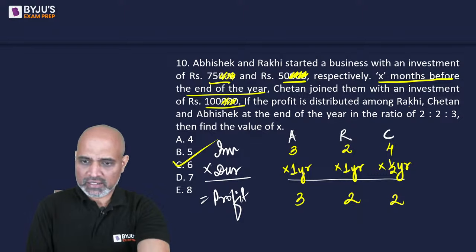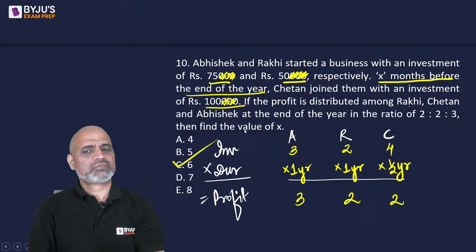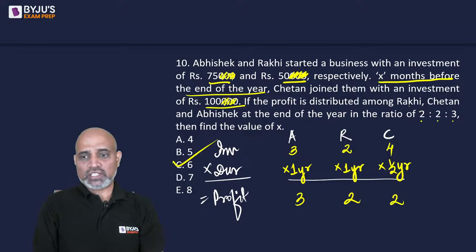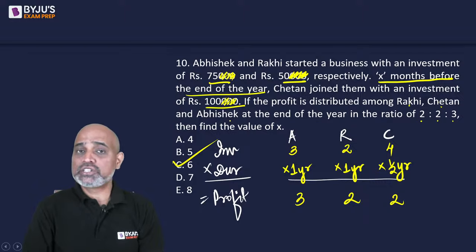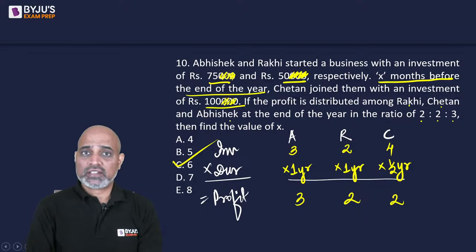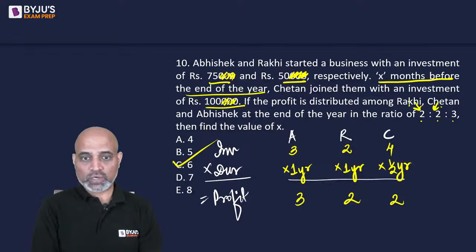A कैसे आ रहा है? How are you guys getting A? 2, 2, 3, these are the ratio of Rakhi, Chetan and Abhishek's profit. This is in a random order as compared to what we have written. Rakhi का 2 है, Chetan का 2 है और Abhishek का 3 है.